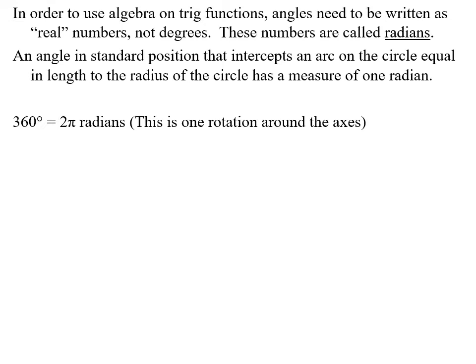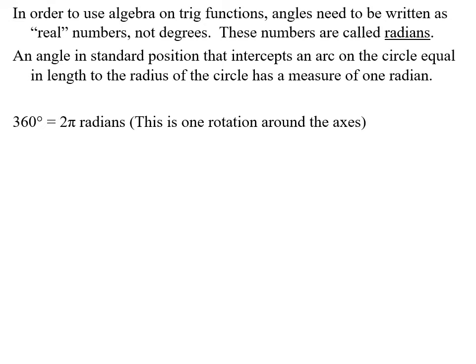Radians is not technically a unit of measure. We'll put radians after it just to let you know that it is not in degrees, but it is not the same sort of idea as if you were saying that a length is 5 feet. The feet would be the unit. Radians is not really a unit though, it's just a number.